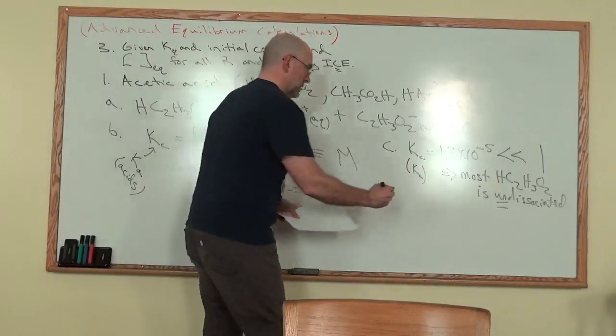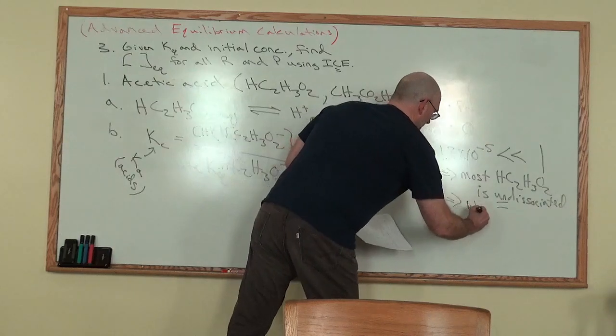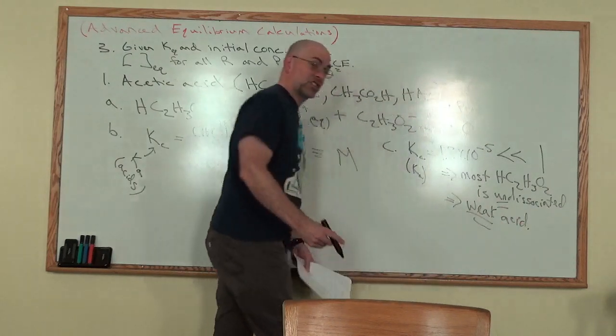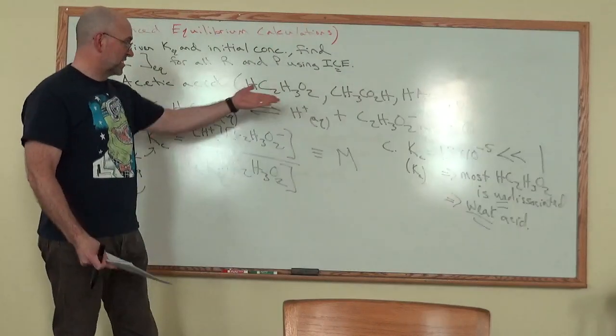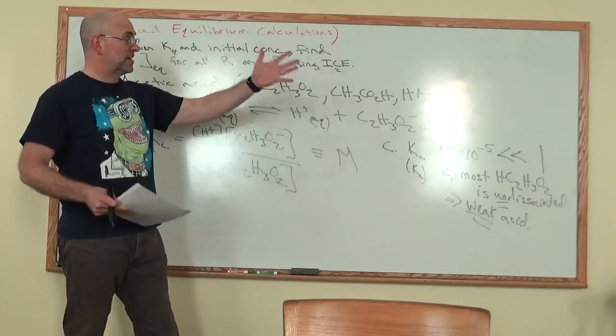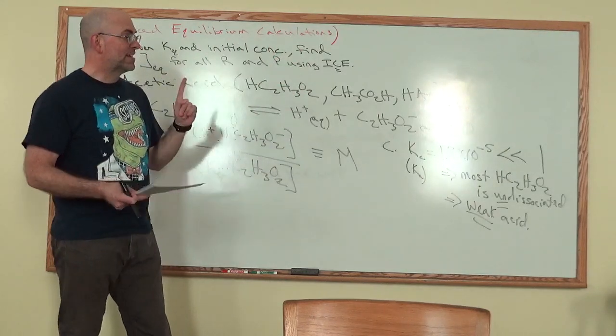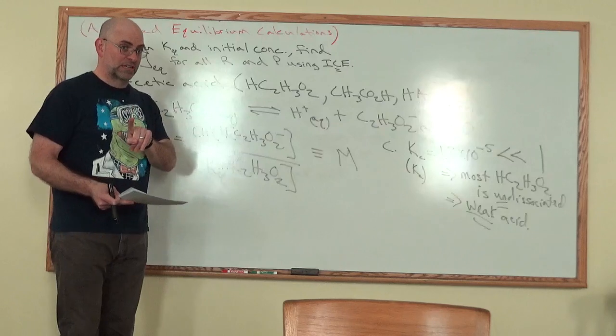Okay? Well, what does that mean? That's the definition of a weak acid. A weak acid doesn't dissociate very much. That's exactly what it is, and acetic acid is the classic example. What does that mean mathematically? I'm going to show this later.